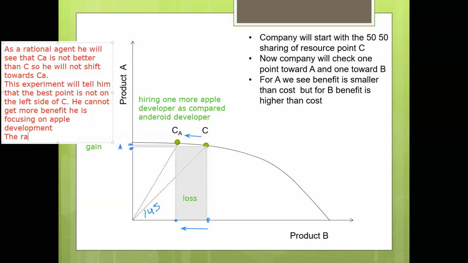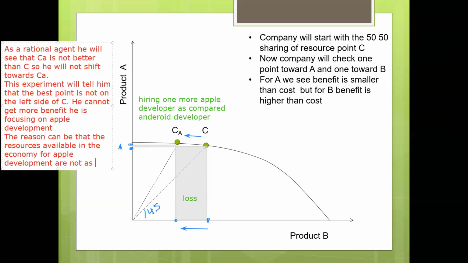The reason can be that the resources available in the economy for Apple development are not as good as the resources available for Android development. So this means that he should not go.